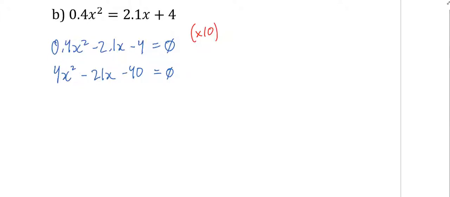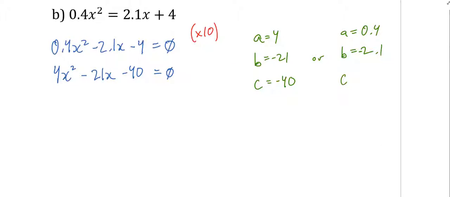This means my A value is 4, my B value is negative 21, and my C value is negative 40. But because I'm going to use a quadratic formula anyway, I could have used those decimals. It wouldn't matter which one of these I used, I'll get the same answer.